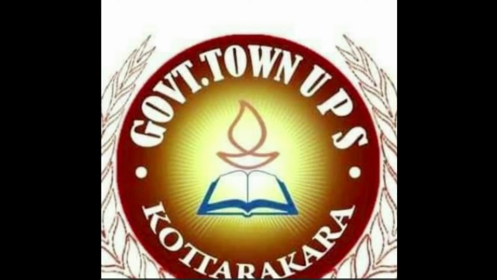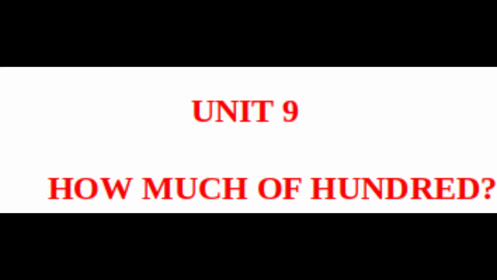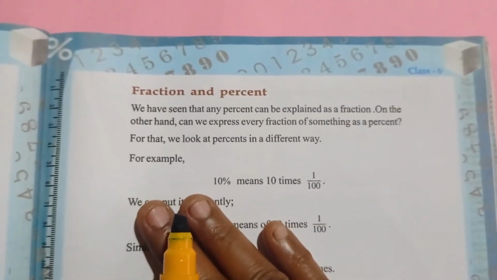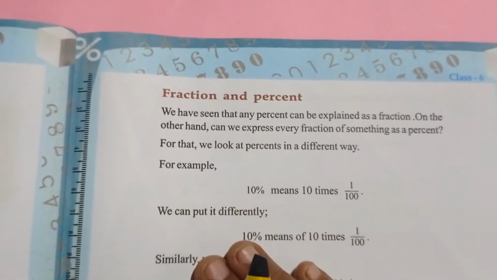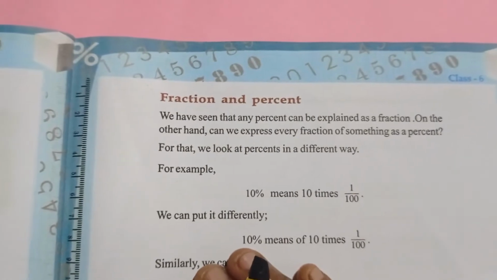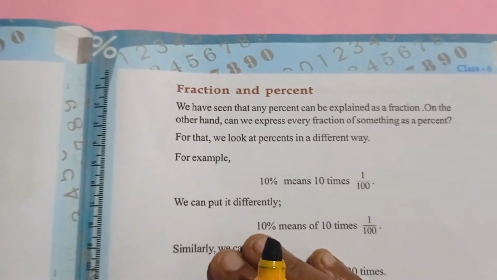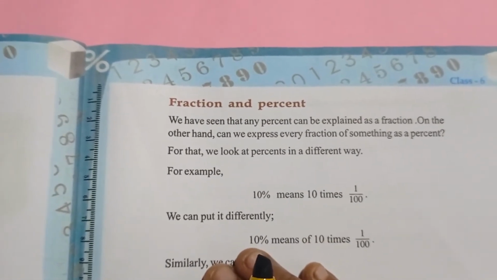In the previous class, we discussed fractions and percent and their activities. Today, we will discuss the portion fraction and percent and their activities. The next portion is fraction and percent. We already saw that any percent can be explained as a fraction. We worked out so many examples.